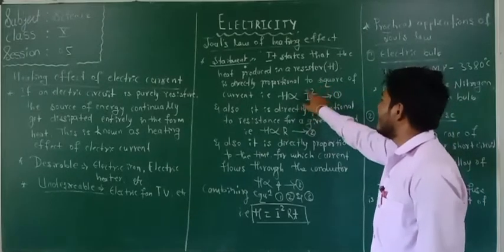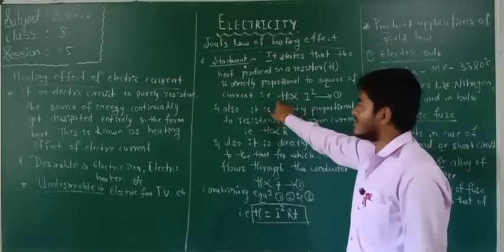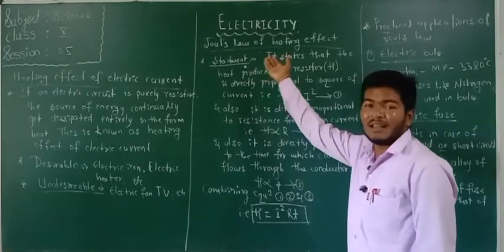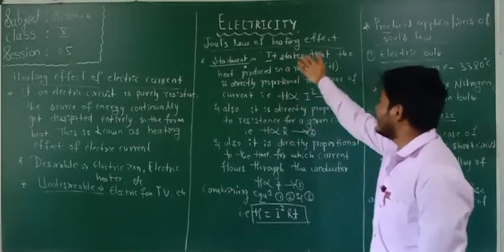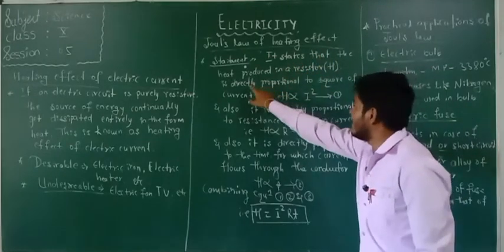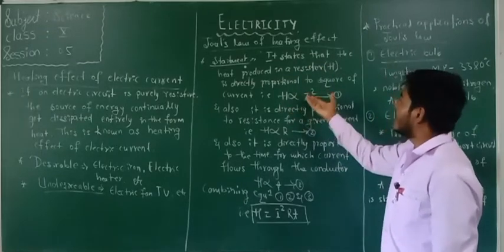I is the current flowing through the resistor or conductor, and H represents the heat produced by the resistor. So heat produced by a resistor is directly proportional to the square of the current.